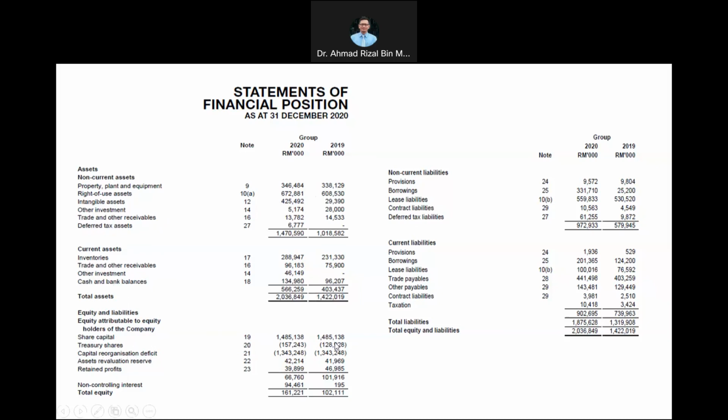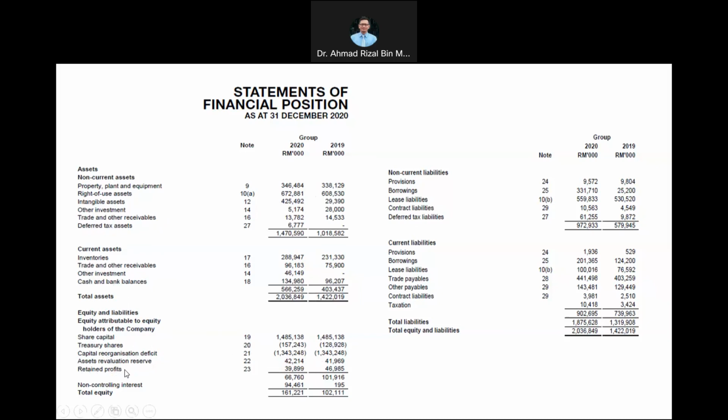If the company has gone through a capital reorganization, and in this case there is a deficit, sometimes they have a surplus. And then asset revaluation reserve, if they revalue the asset, and this is the accumulated retained profits.